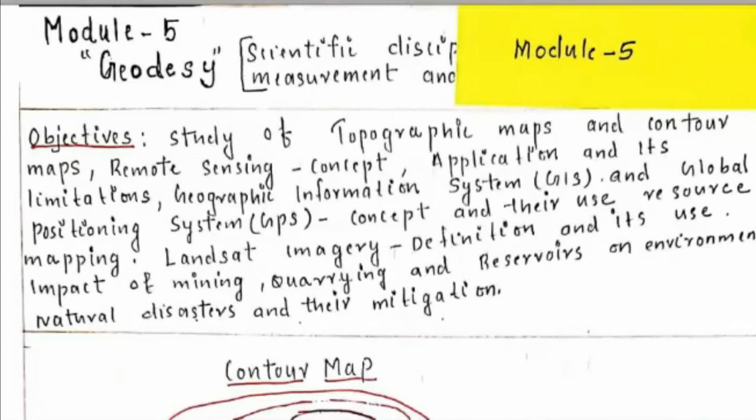In today's session, we will be discussing topographic maps or contour maps. These are the basic maps from which the elevation data and the topography of that land can be attained.